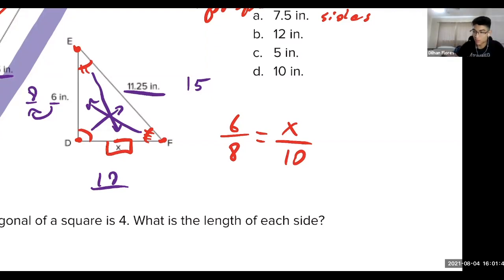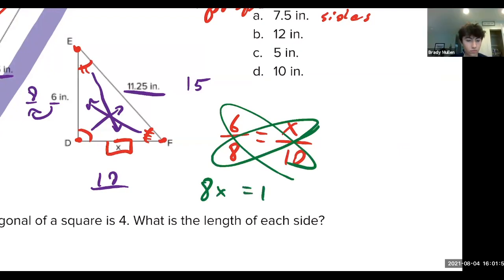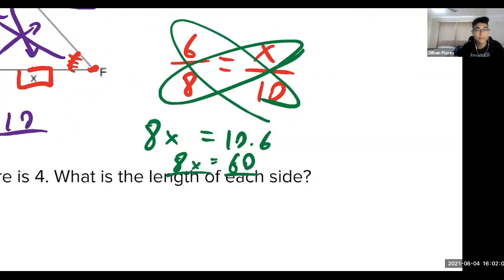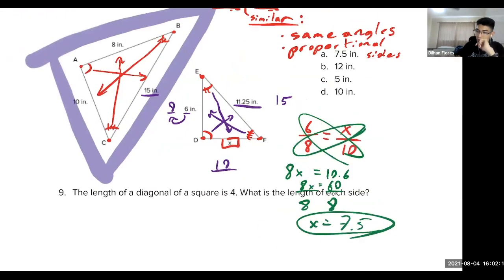Exactly. You just verbally explained cross multiplication. So you multiply across, it gives you 8x, and it's going to give you 6 times 10. So 8x is equal to 60. And x is equal to what? What is x equal to? 7.5. Immaculate, guys. Awesome. And that's our missing side.